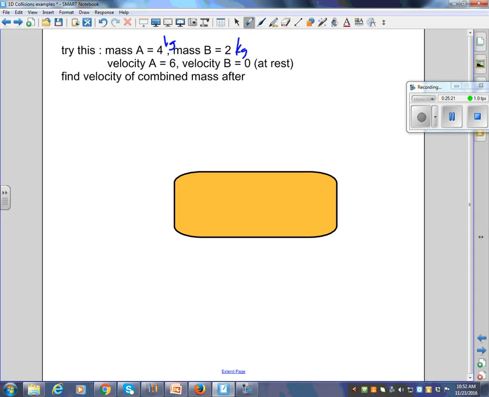So we've got 4 and 2. That one's at rest. What happens here? What happens to the speed? Why does it go slower? Friction. Because it has more weight. Because it has more mass, right? What do you mean slower? Well, watch how fast this cart's going, and then compare that to how fast it's going in.